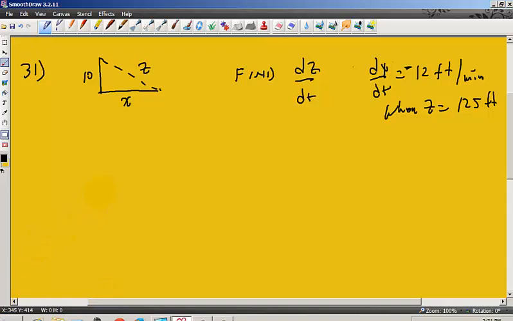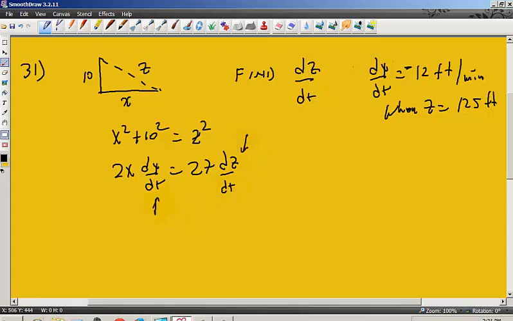Same thing. X squared plus 10 squared is equal to z squared. Take the derivative of this, which is 2x dx/dt is equal to 2z dz/dt. We're looking to find that one. My dx/dt is negative 12. And I have a 2, and at the instant, was that 125 last time too? Yeah.